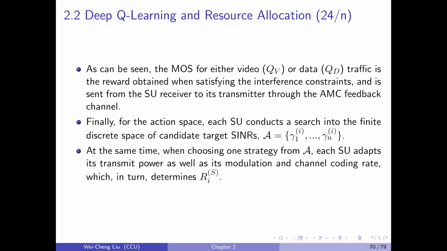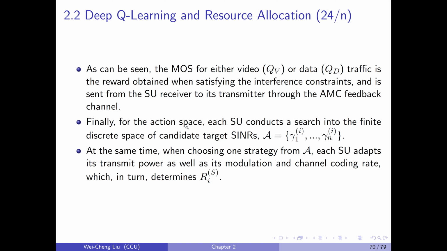What is a feedback channel? A feedback channel is a channel which can transmit some information from the receiver back to the transmitter. It is called the feedback channel.